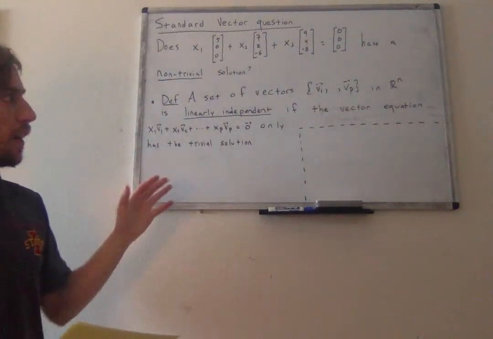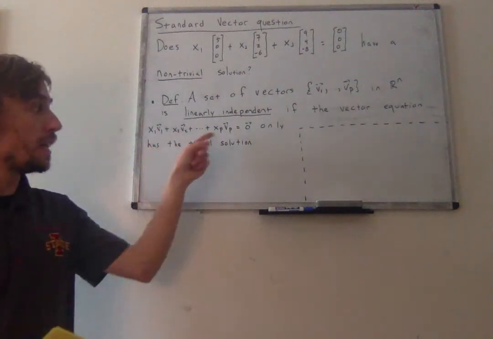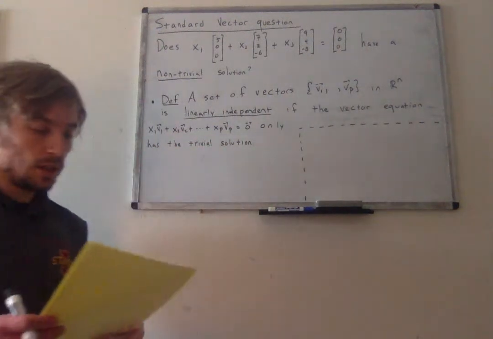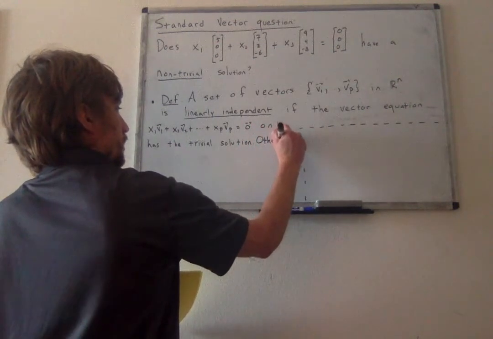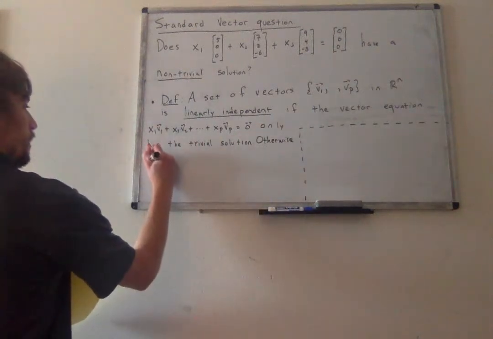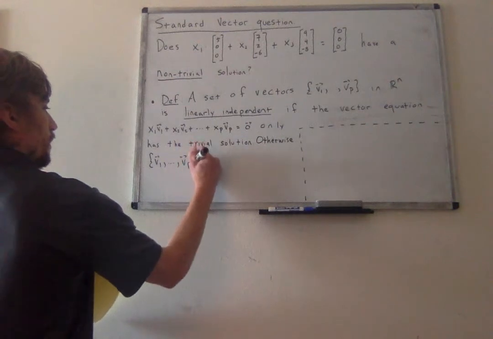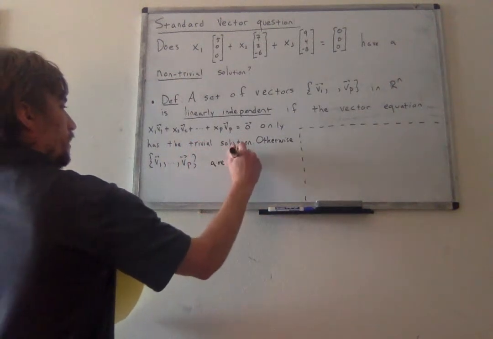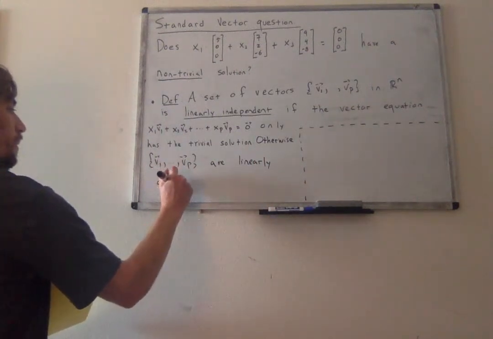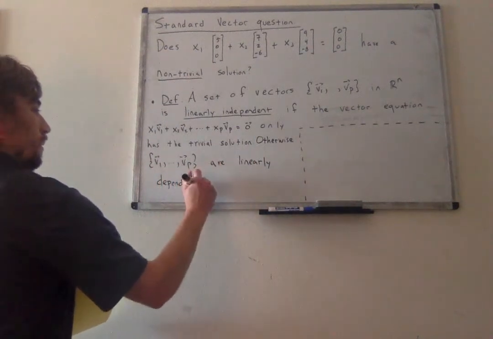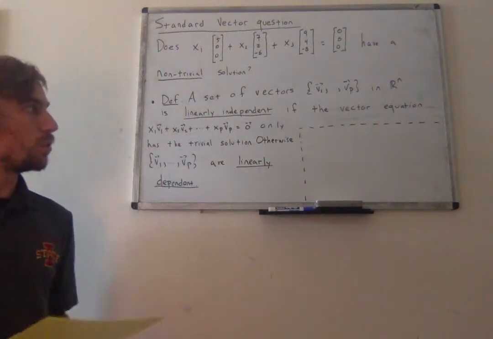And if I have a set of vectors that are not linearly independent, that is, there is some non-trivial solution to this equation, then we say that the set of vectors is linearly dependent. And so if they are linearly dependent, of course, there is a non-trivial solution.